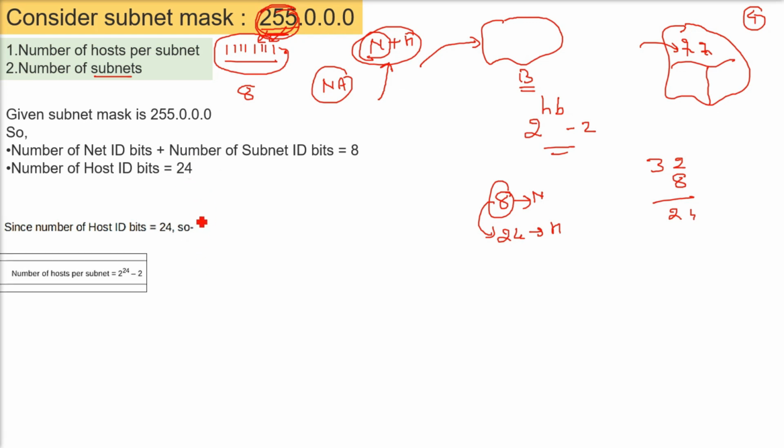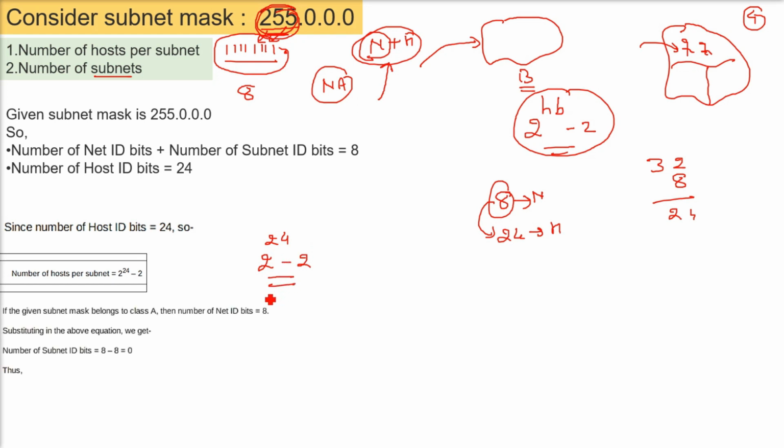So 24 host bits are there, and with the formula 2 to the power host bits minus 2, the number of hosts per subnet will be 2 to the power 24 minus 2. The first and last address we cannot assign to any system. So this is 2 to the power 24 minus 2.